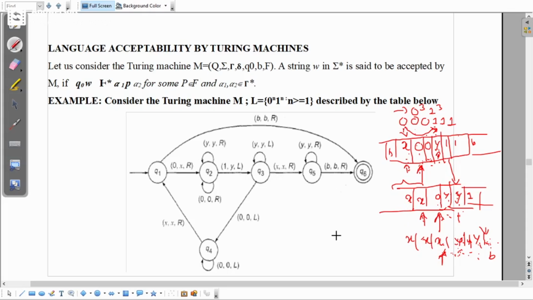So this step we need to ensure in the Turing machine.